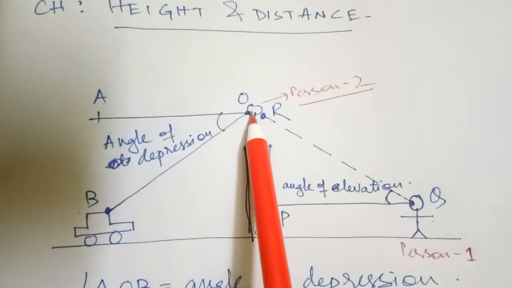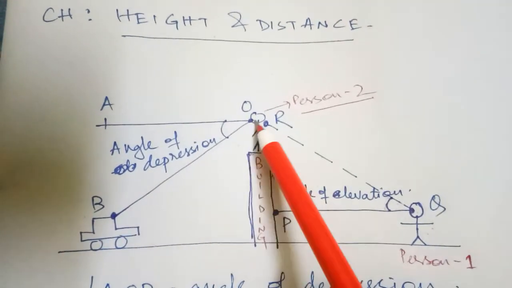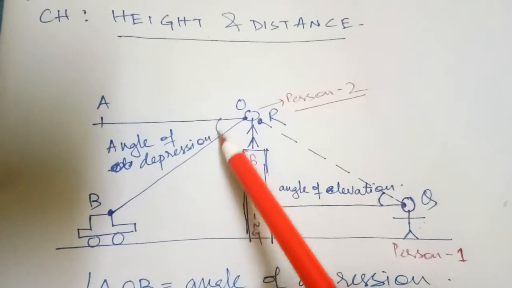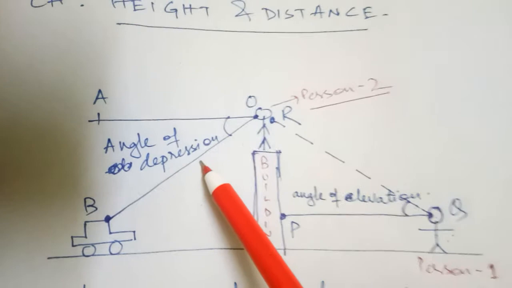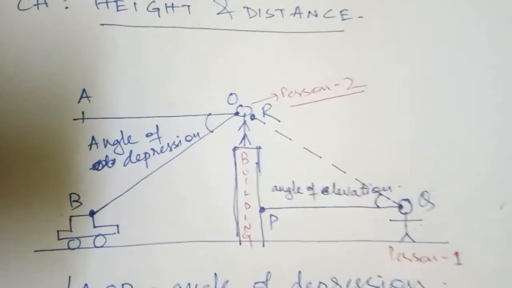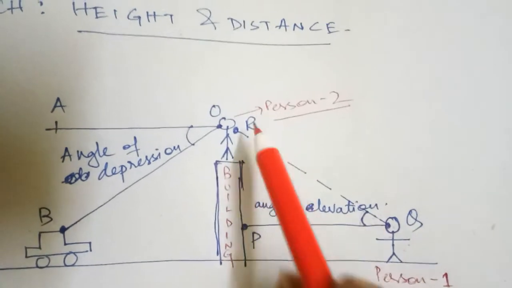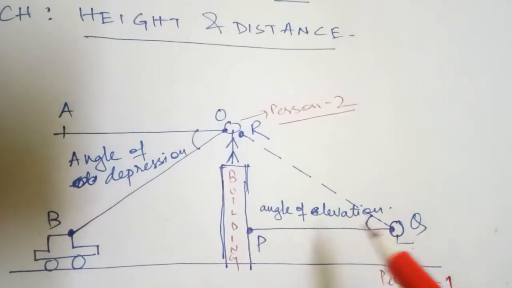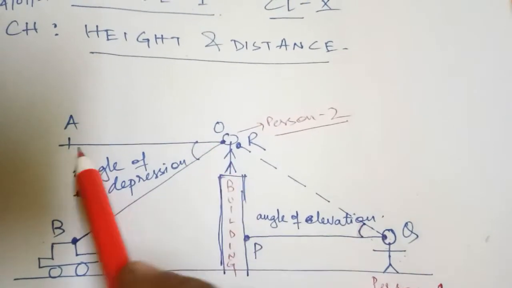Here OA is the line of sight and OB is the person looking towards the car. This angle is named the angle of depression. I have named the angles PQR and AOB. You always form this angle with the line of sight.